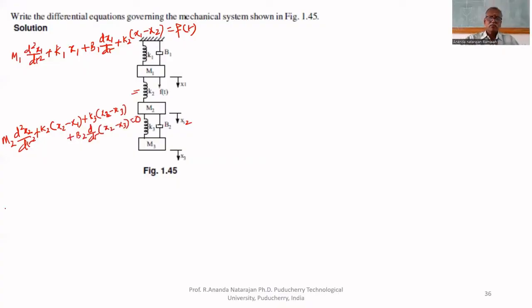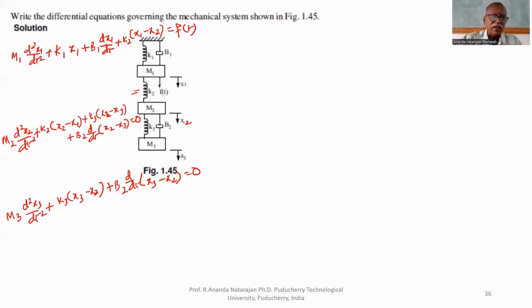No applied force. For the third mass, m3 d square x3 by dt square plus k3 x3 minus x2 plus b2 d upon dt x3 minus x2 equal to 0. No applied force. These are the three mechanical equations.